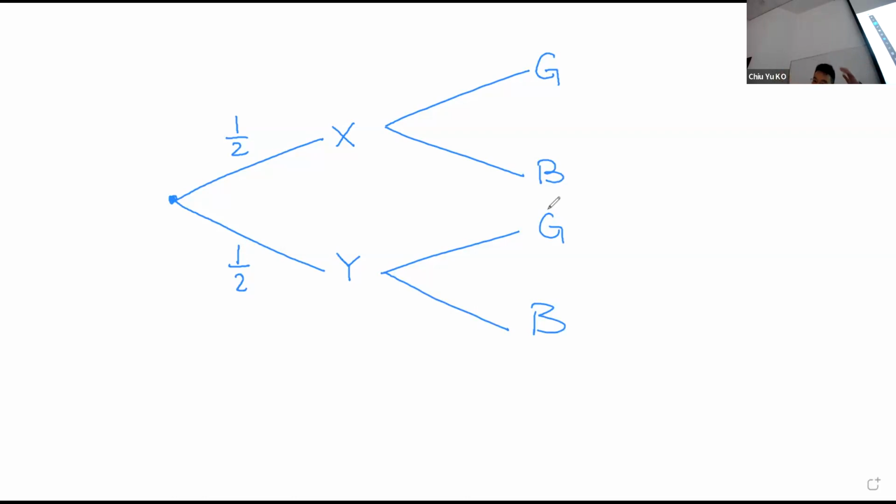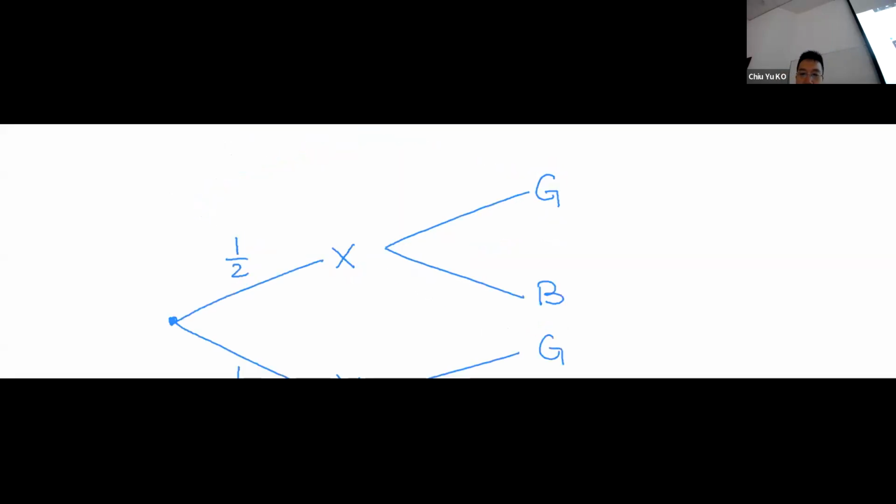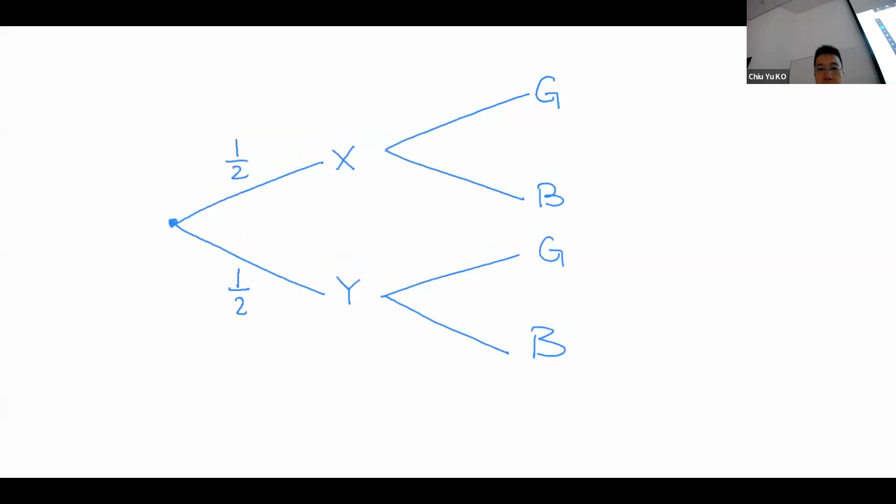So there are girl and boy and girl and boy. For X, how many girls and boys are there? You have 10 boys and 40 girls, right? So how likely that you get a girl? Let me check again. How many girls in X? 40 girls. Okay.